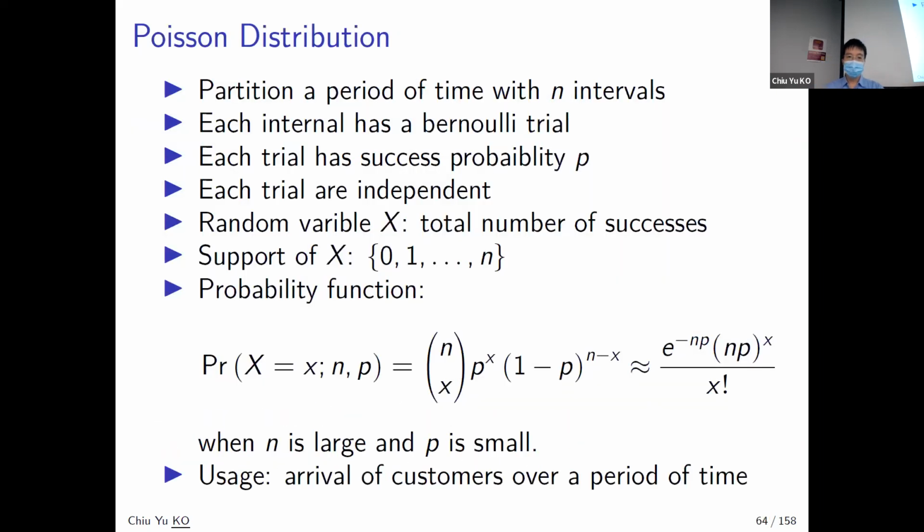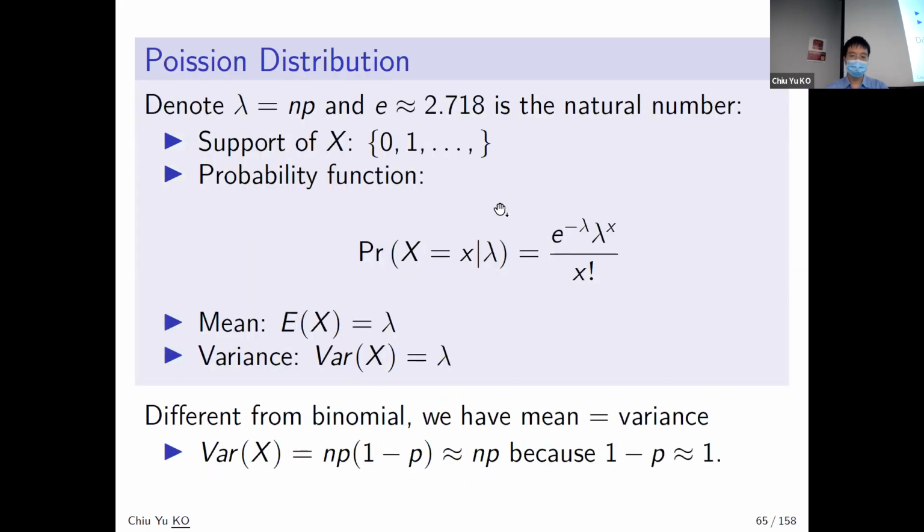And Poisson is asking, within a time period, how many things would happen. You consider each period as a small period with probability P, and you can simplify by saying that the probability is related to n times P, which we call lambda, where lambda is the mean.